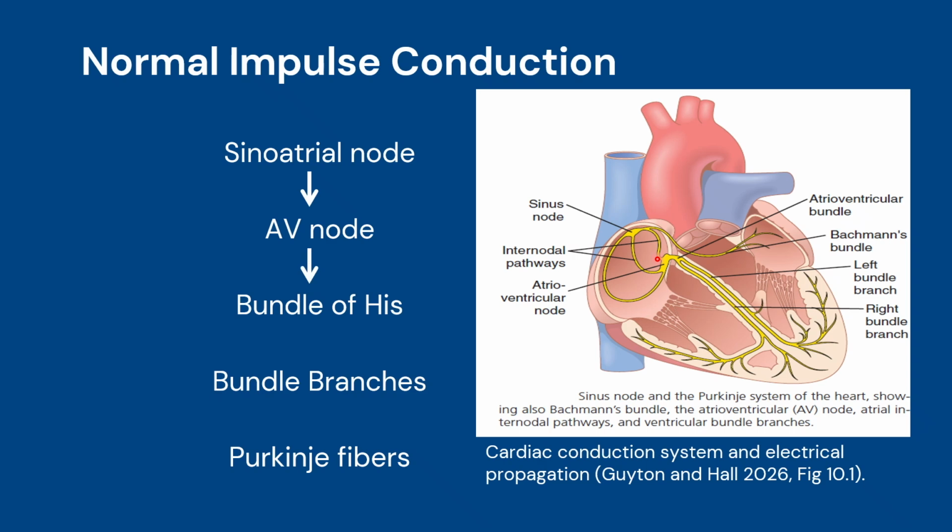The AV node and the bundle of His are the only electrical connection between the atria and ventricles, and we'll speak about this in detail. Then the impulse goes through the left and right bundles to the Purkinje fibers and the ventricular cells.